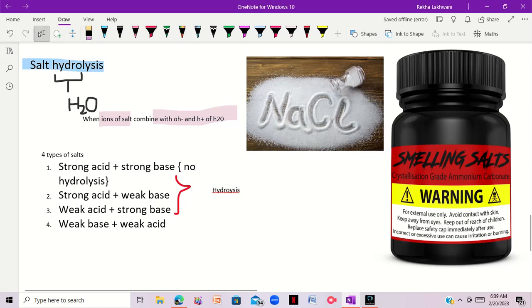Remember one thing: the hydrolysis increases when there is more weak component.